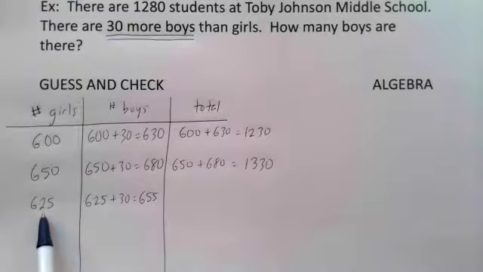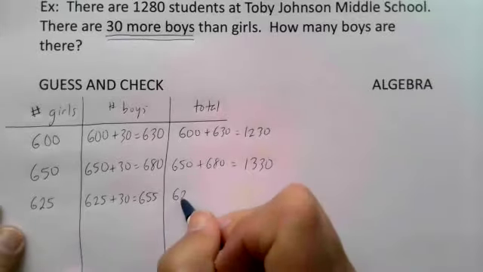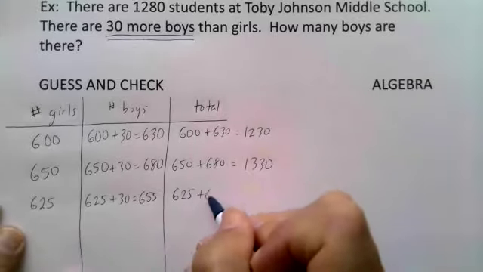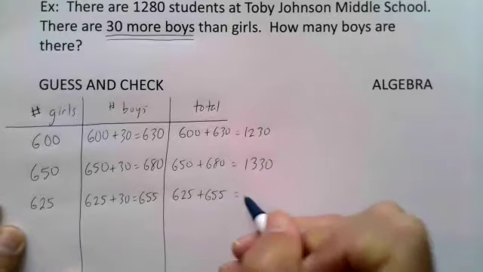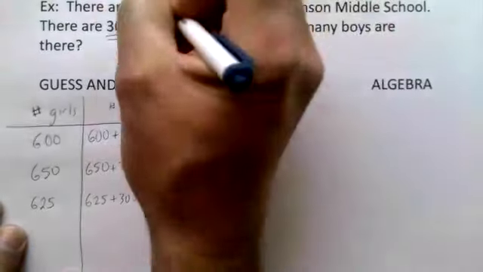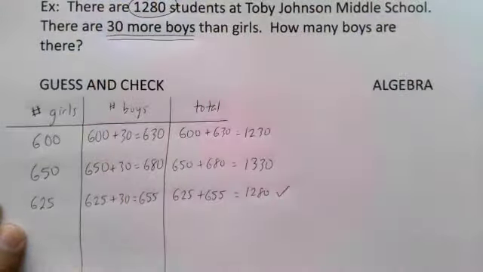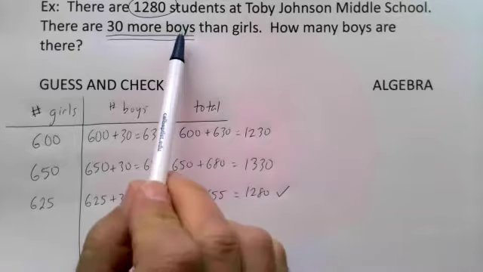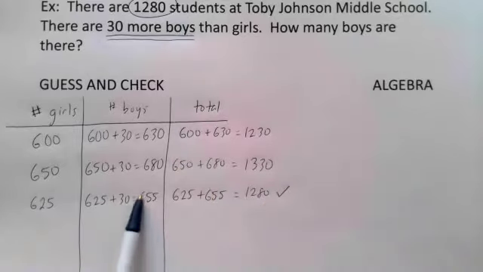So 625 girls plus 655 boys. Let's see what happens there. I think that actually works, right? I think that actually does make what we wanted it to make. So that checks out. Now remember the question said how many boys are there? So this is my final answer right here.